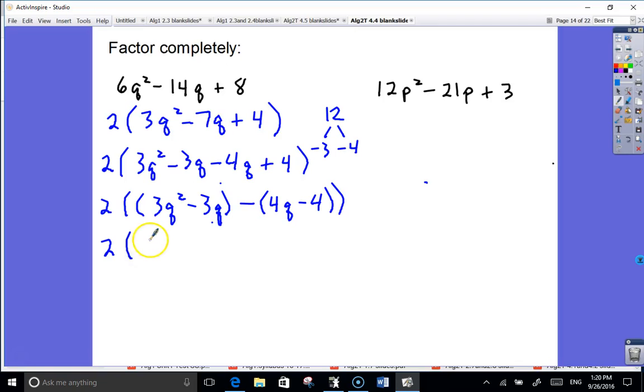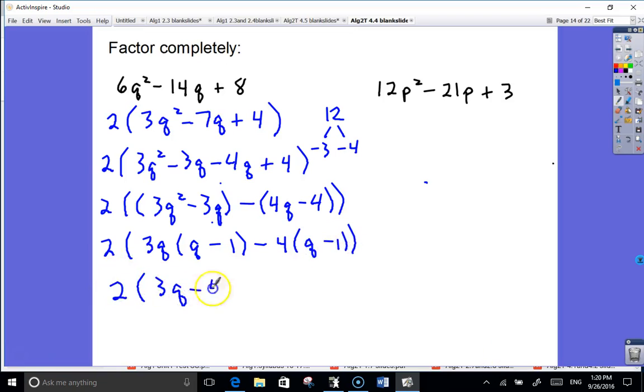Greatest common factor, 3q times q minus, what's left? If you factor 3q from 3q, what's left? 1, right? Not nothing. And then minus 4 times q minus 1. And then finally, this is 2 times 3q minus 4 times q minus 1.